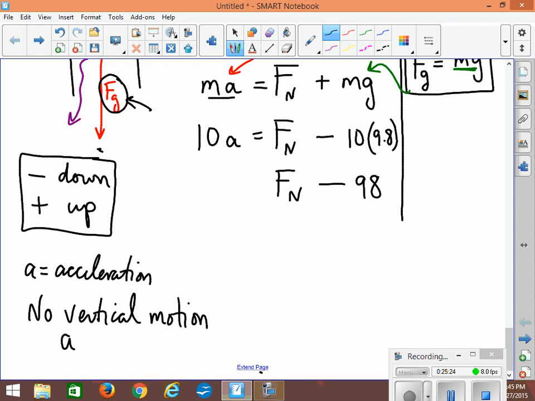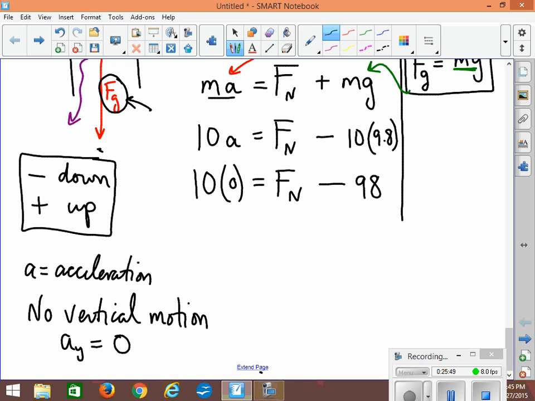Well, it tells us that the up and down acceleration, I'll put a little y beside it, must be 0. There can't be any acceleration up and down. Now remember, we are only looking at up and down. So that means that the little a here will have to be a 0, because there's no way this book is going to move up or down. And it's certainly not going to accelerate up or down.